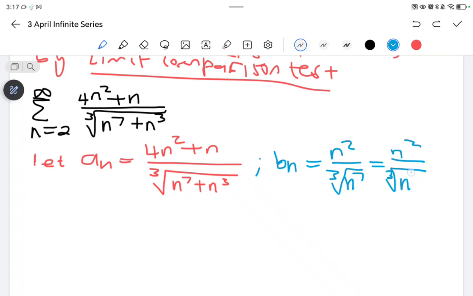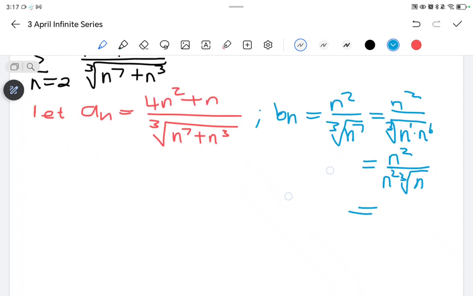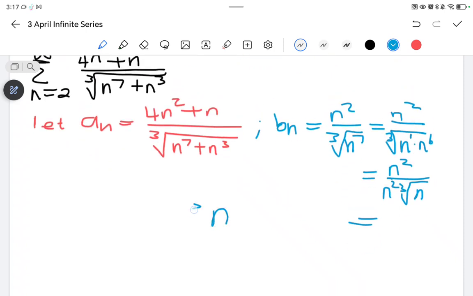So I can have n1 times n6. So n6, when it goes out there, goes out as n squared. You see, right? Yeah, n6 will go out as n squared, because if we have this, let me show you. This is the same thing as n to the 6 over 3, which is n squared.